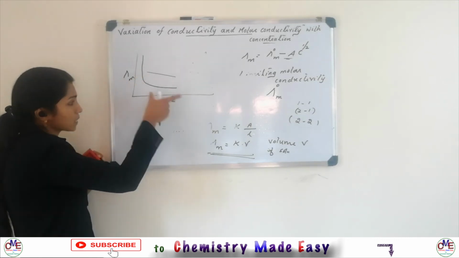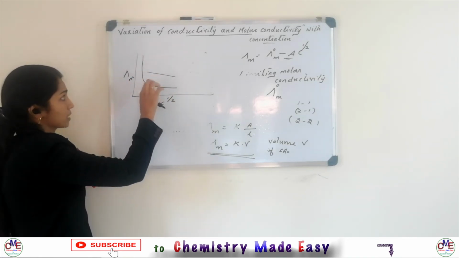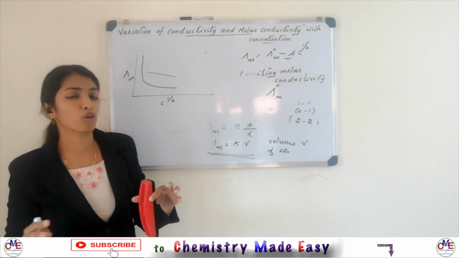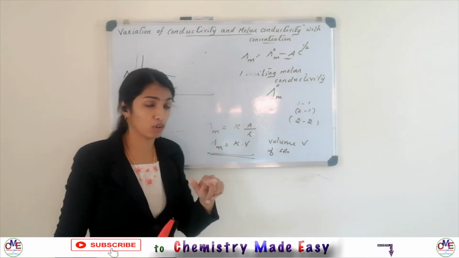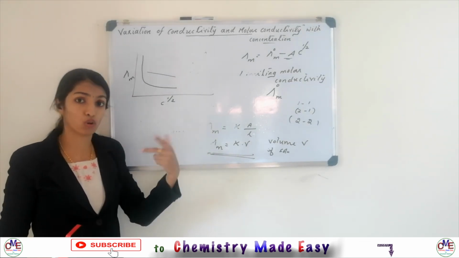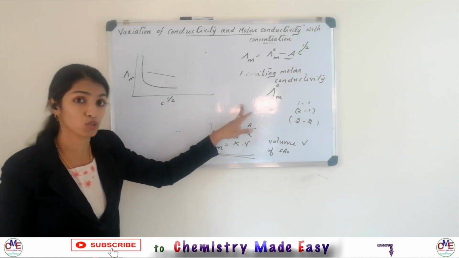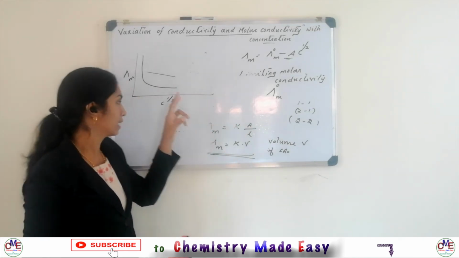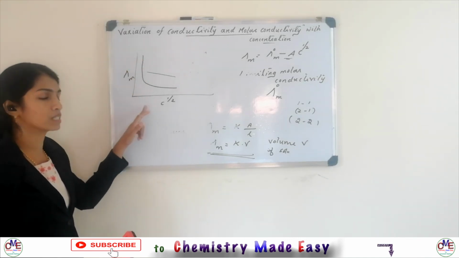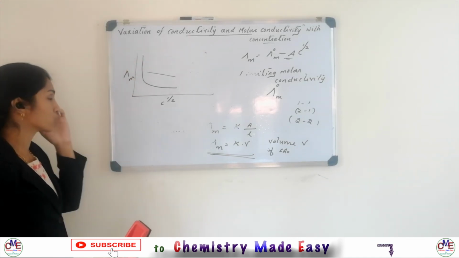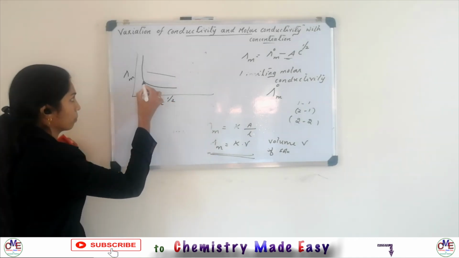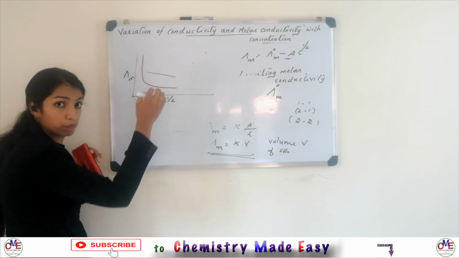From this graph we cannot extrapolate this line to the y-axis, so we will not get the limiting molar conductivity value of a weak electrolyte from the graph. But we can get the limiting molar conductivity value in the case of a strong electrolyte from that graph. Here, if we decrease the concentration, the molar conductivity value increases steeply.